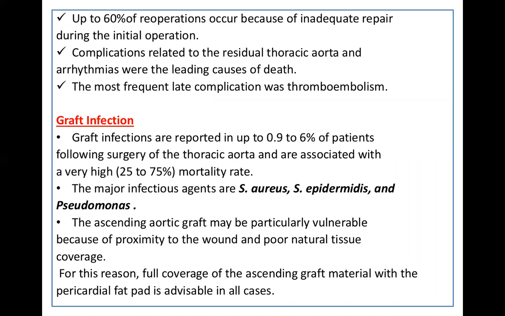The last late complication is graft infection, which ranges from 0.9 to 6% following surgery of the thoracic aorta and is associated with very high mortality, up to 75%. The major bugs were Staph aureus, Staph epidermidis, and Pseudomonas.